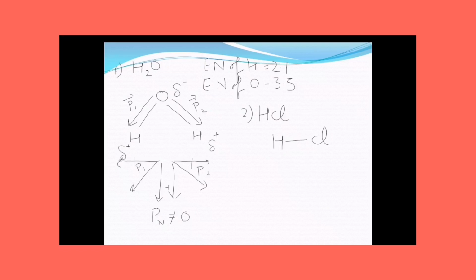So the shared pair of electrons will remain closer to chlorine than to the hydrogen, giving a partial negative charge to chlorine and a partial positive charge to hydrogen. So the molecule has a net dipole moment from negative to positive charge.